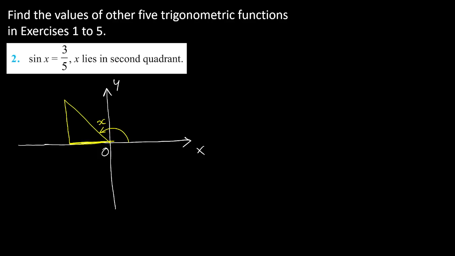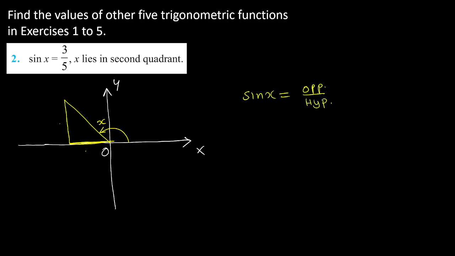There are plus sign and minus sign for adjacent and opposite, but for the time being, I want to write only the length of the side. Let me explain one important point. You know that sin x is opposite side by hypotenuse.